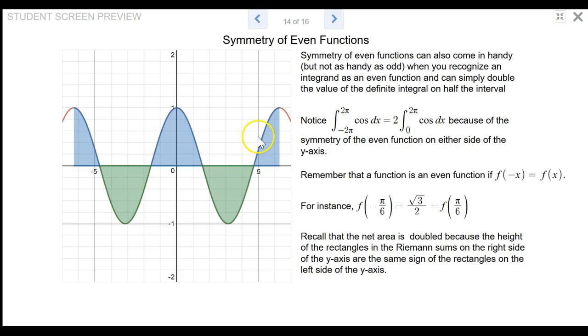Cosine is an even function, and if I look at it from minus 2 pi to 2 pi, I have the same distance along the x-axis to the right of the origin as to the left. So I can say that the definite integral from minus 2 pi to 2 pi of cosine x dx is twice the definite integral from 0 to 2 pi. That's not as handy as odd functions, because with odd functions you don't have to do any work. You say, oh, the definite integral is 0. Here with even functions you do still have to find the antiderivative, just on half the interval.